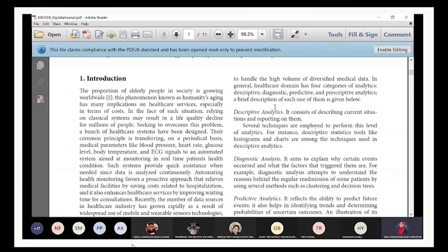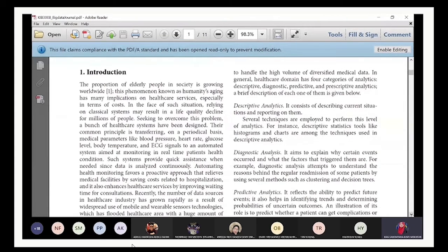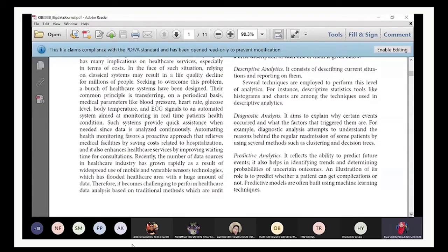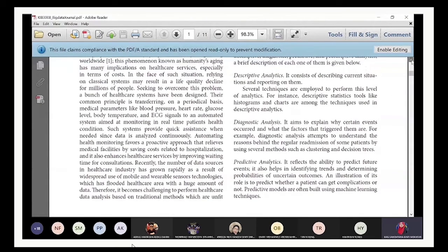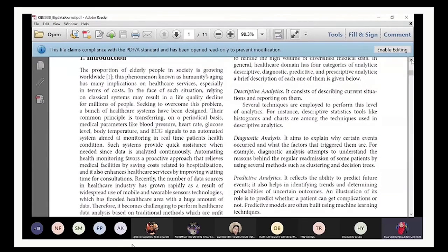Okay. Next, Augusta. Yes, doctor. According to this paper, there are a few analysis stages that we need to do on big data. So the first question is, what do you think big data actually is?